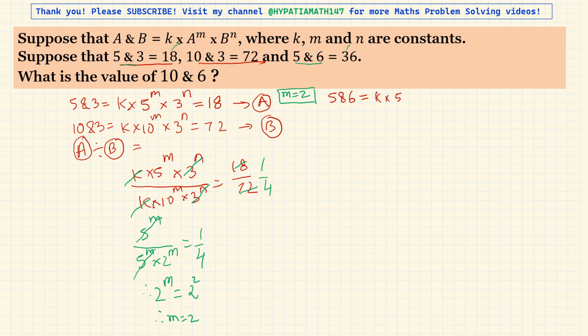Instead of m I'm going to write 2, multiplied by, sorry not 3, 6 to the power n, and that equals 36, and that is C.